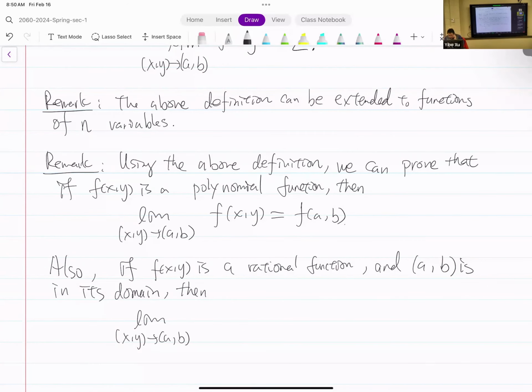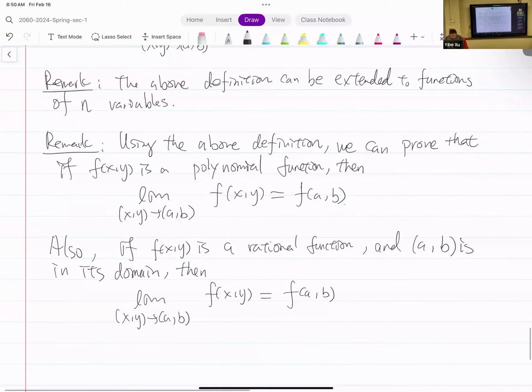As long as your point ab is within its domain, as long as ab is a legal pair for the function f of xy, the limit at the point equals the function value.